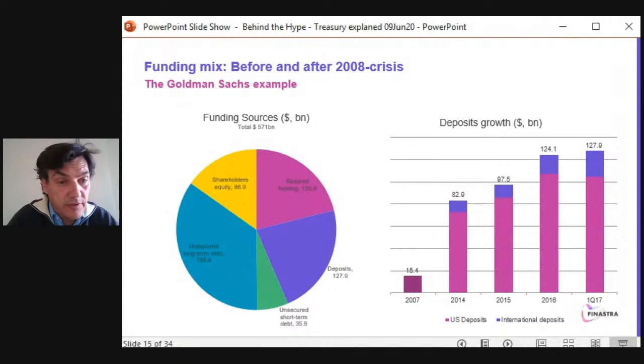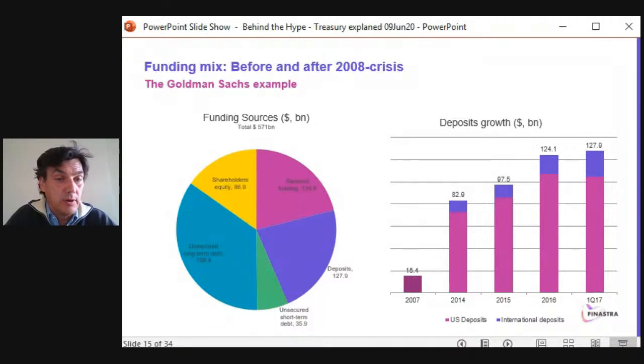If you look at it before the crisis, 2007, on the first bar on the left hand side, it was only a small portion, so 15 billion, and there were no deposits in their funding mix. It was a pure investment bank, and they had to issue some debt, so issue some bonds or issue some capital to get money and to run the bank.